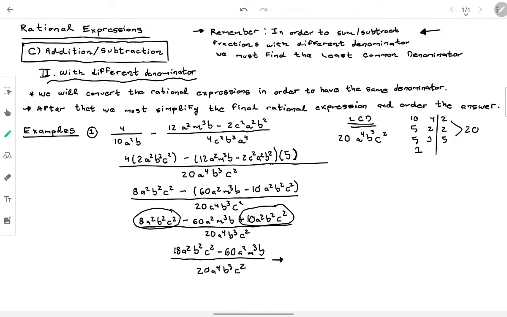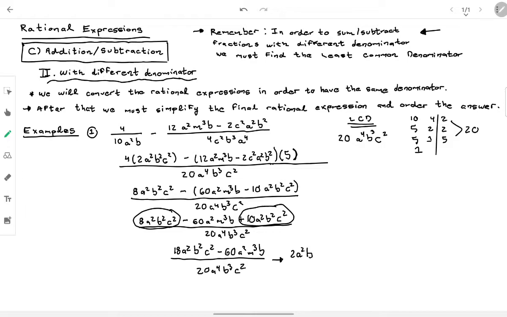After that, we need to simplify our final rational expression. How to do it? On the top part, we have a polynomial, so we need to take out a common factor in order to have factors that can be simplified. So 18 and 60, both of them are divisible by 2. What about the common letters? We have A squared on both.